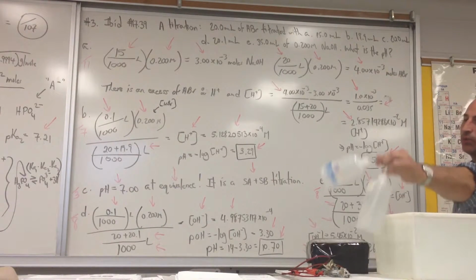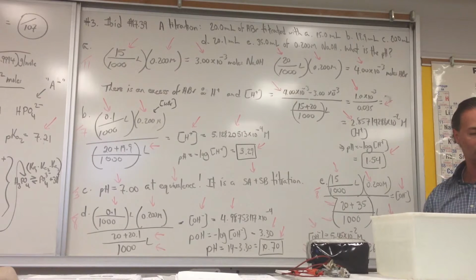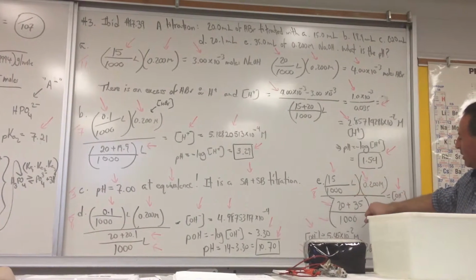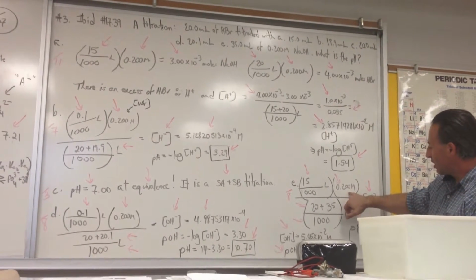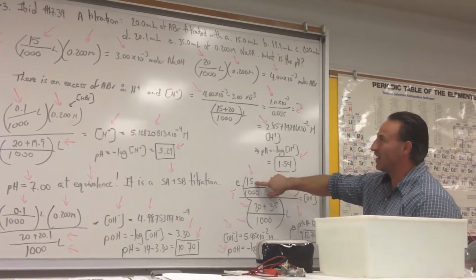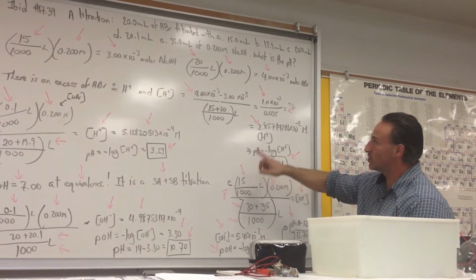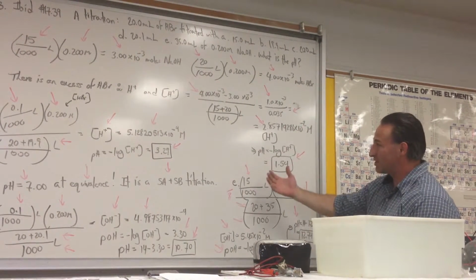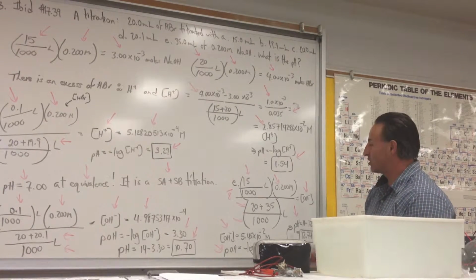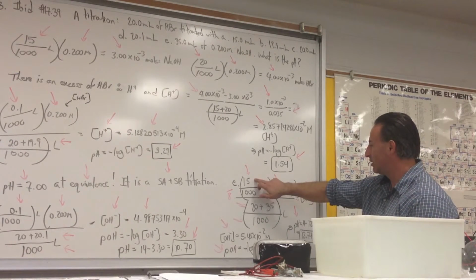So we're going to find out what the concentration of hydroxide is again. And we have 15 mLs times the 0.2 molar concentration. Here's the total volume. This 15 represents the excess of base because to reach equivalence you only need 20. So an extra 15 was added by adding 35. 35 minus 20 gives you 15. That's where I got this number.